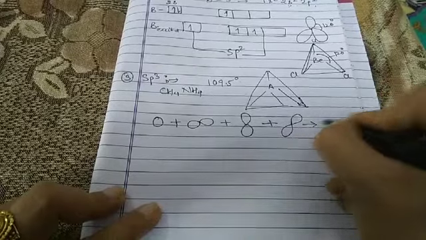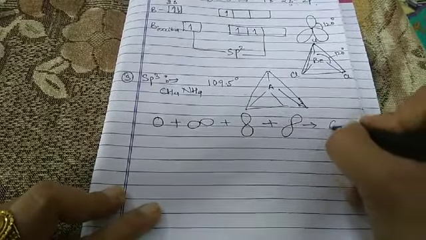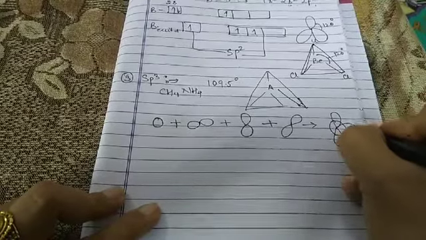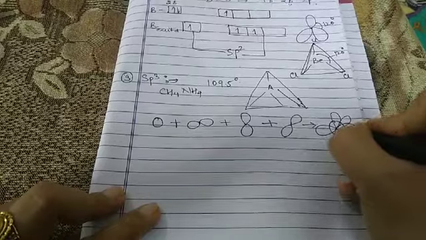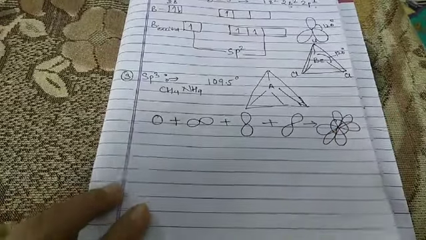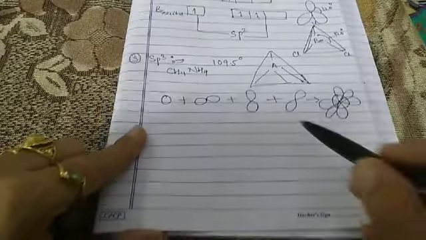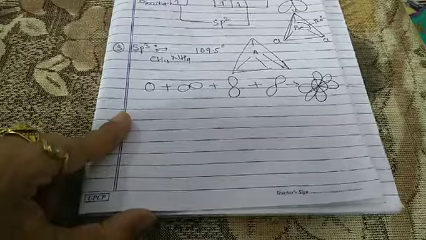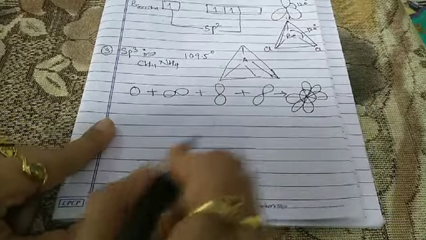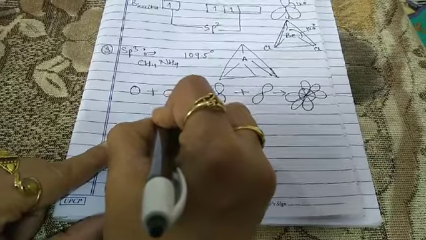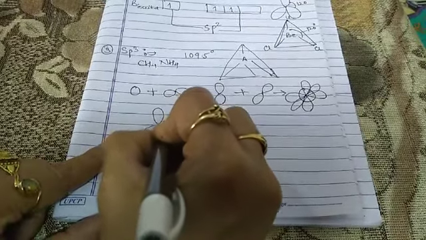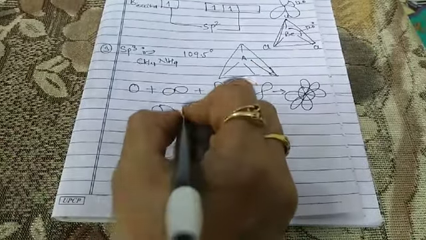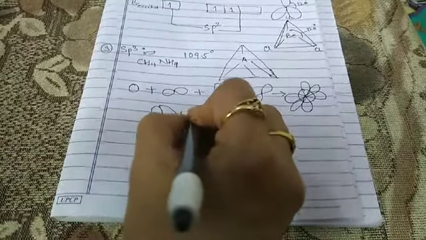Now if they intermix together, we get such type of intermixing. This represents the process of hybridization. And if you want to represent the hybrid orbital, that is the tetrahedron, and the angle is of 109.5 degree.